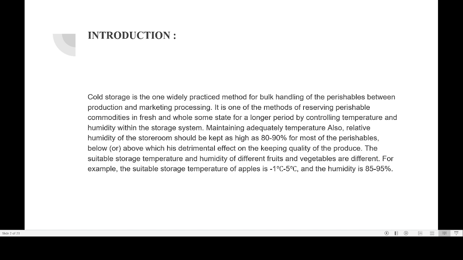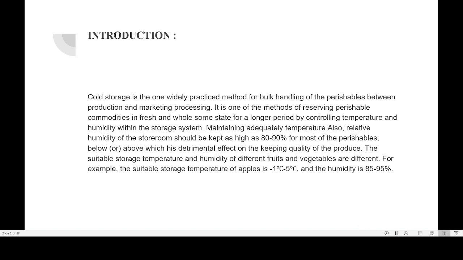It is a method of preserving commodities in a fresh and wholesome state for a longer period, by controlling temperature and humidity within the storage system.